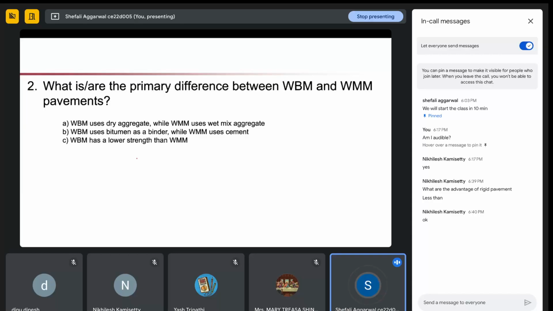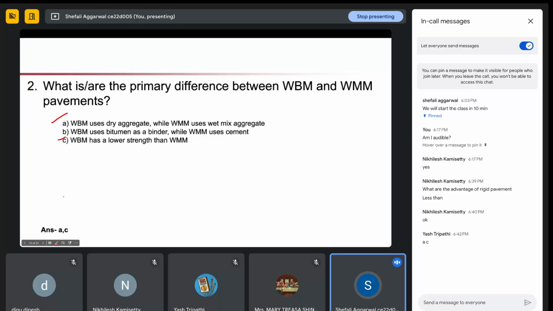Anybody who wants to guess the answer? So as we have seen in the first or second slide, A and C. So A and C are the correct answers.